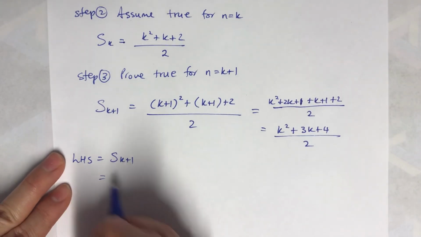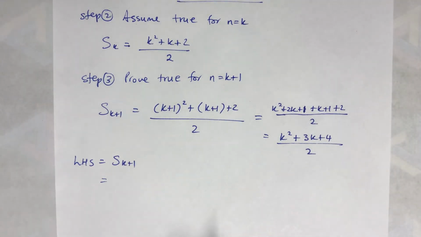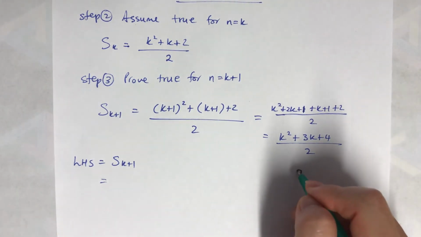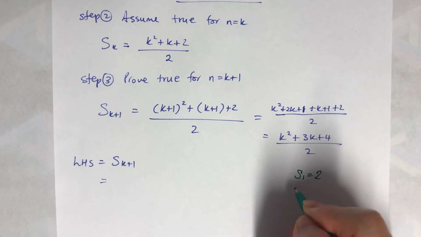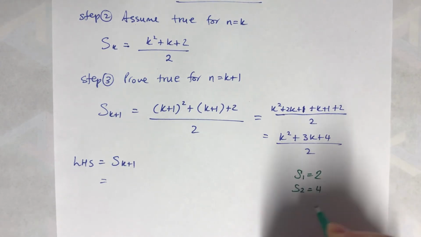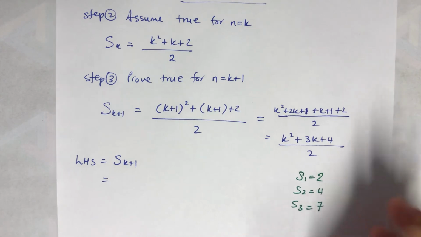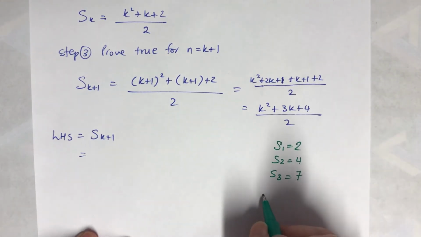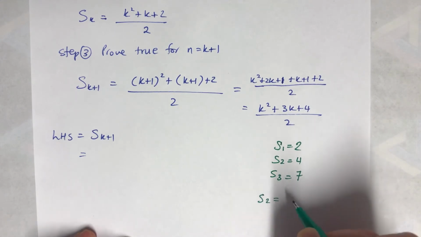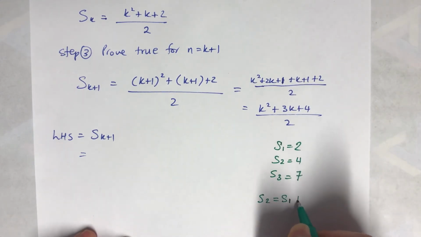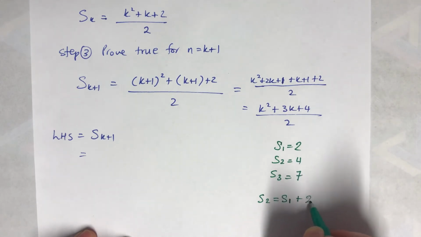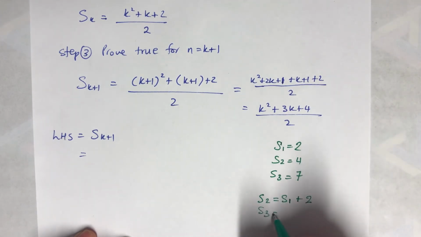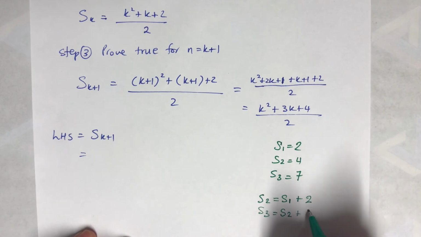Now I need to separate this. Do you remember, I told you to remember this? So I'm going to write this here. From the table, S1 was 2, S2 was 4, S3 was 7. How can we find a pattern here? S2 is like S1 plus 2, S3 is S2 plus 3. So that's the same, yeah?